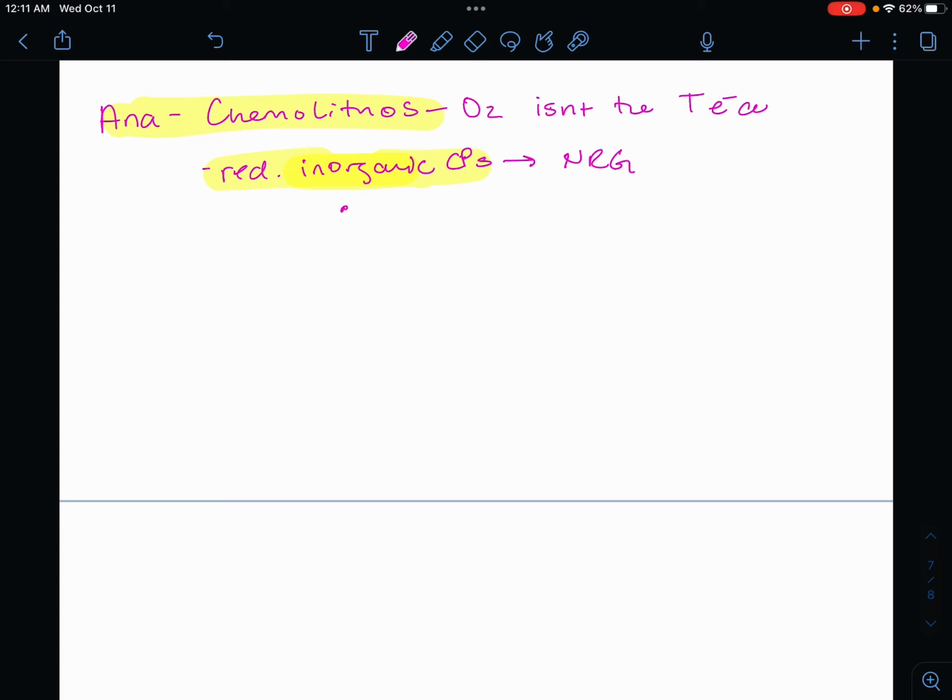Some examples of inorganic compounds for obtaining energy: we can have bacteria that use hydrogen gas. An alternative electron acceptor would be something like CO2 or sulfur.